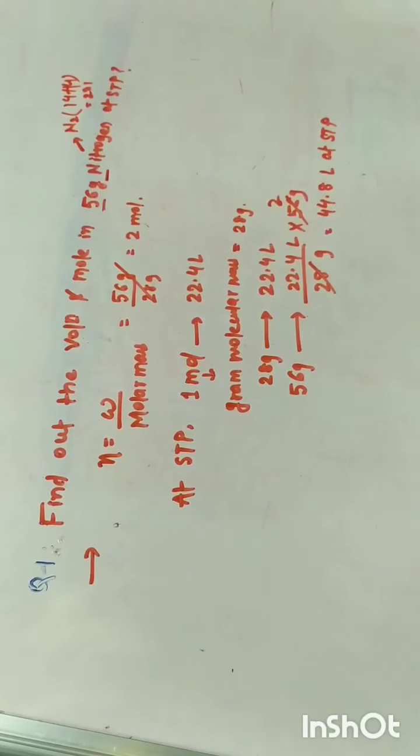So for 0.01 into Na molecules of BaCl2 there will be 2 into 0.01 into Na atoms of chlorine, right? So our answer will be 0.02 Na.